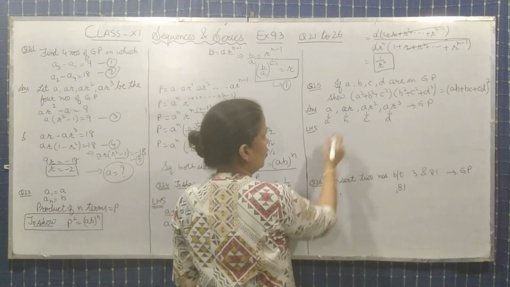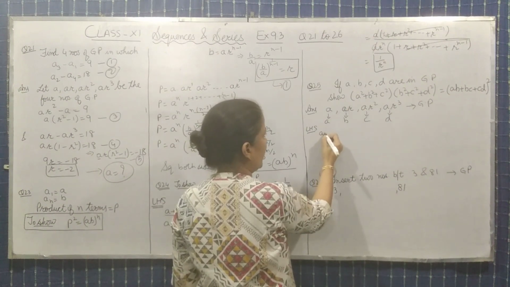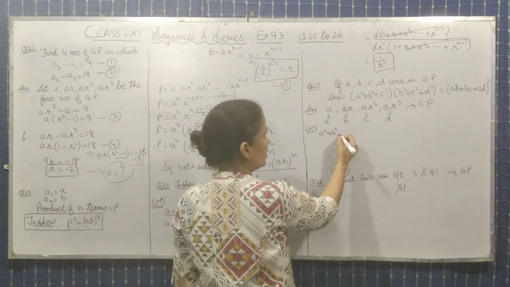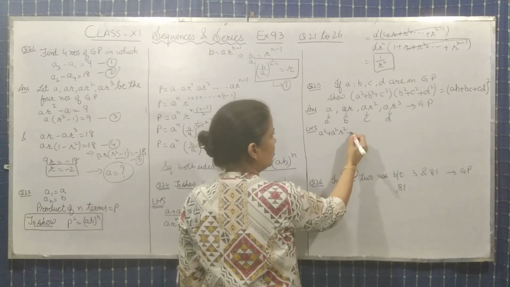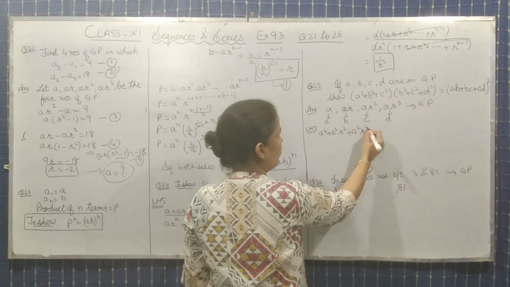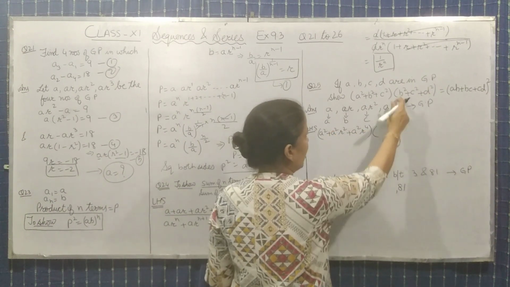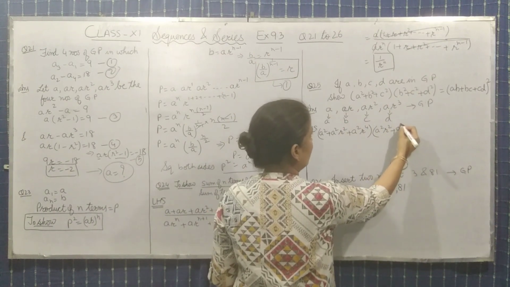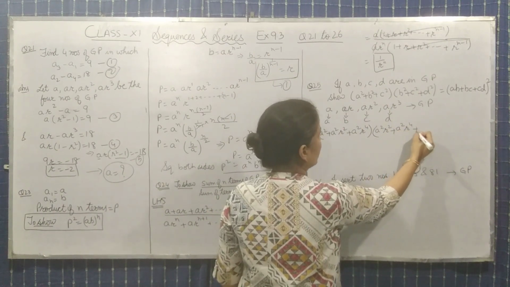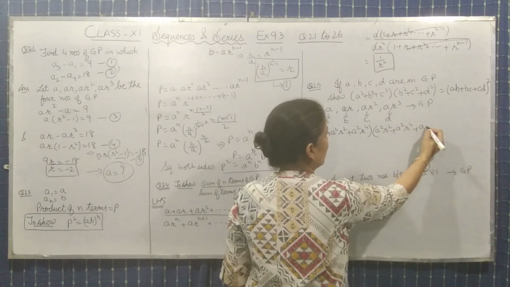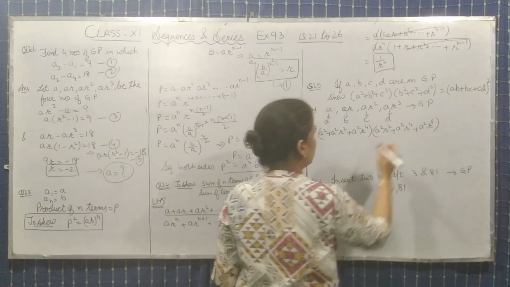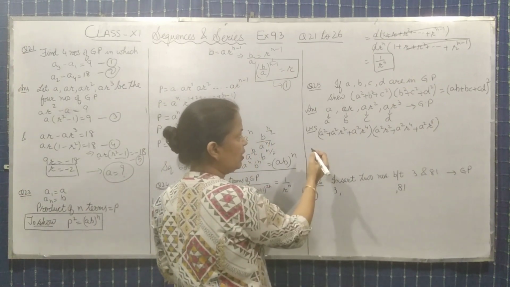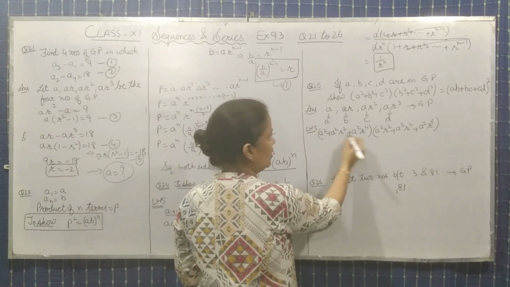So, LHS. We will keep A square as it is. B square, instead of B square, we will put its value A square R square. C square, A square R power 4, multiplied by B square, A square R square, C square, A square R power 4, plus D square, A square R power 6. Okay, now take common from here. What is common?